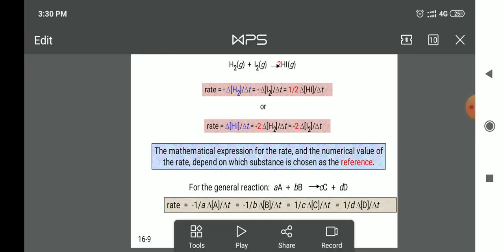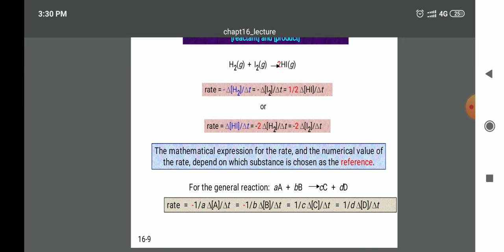The mathematical expression for the rate, in numerical value, depends on the substance chosen as the reference.